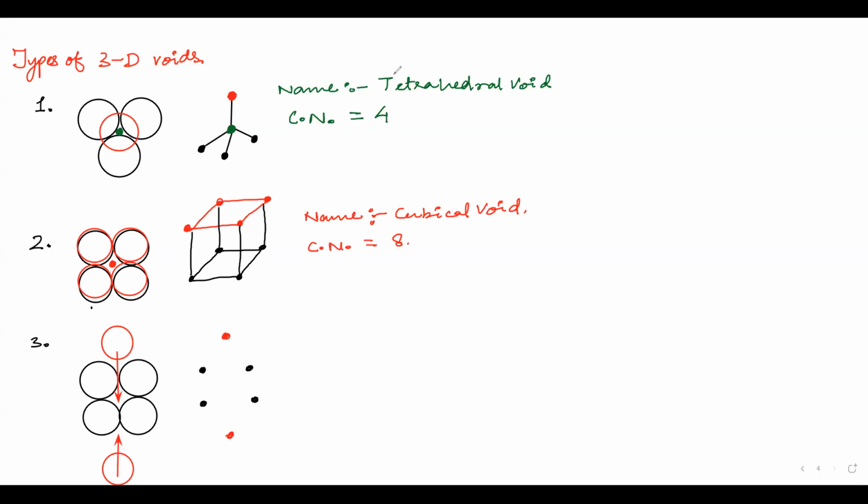Now, when you connect them, what shape will it form? I hope you can recognize this. Square pyramid. It is octahedral. It's octahedral shape, na?